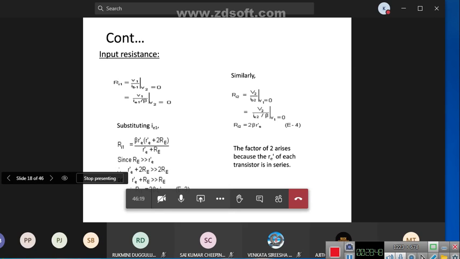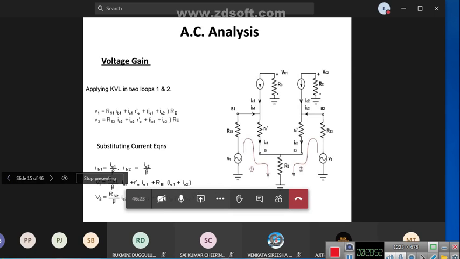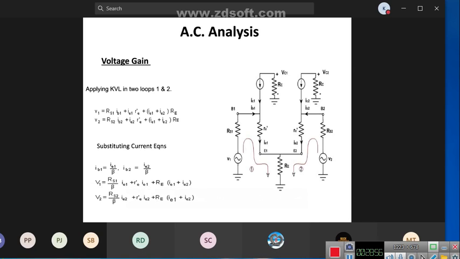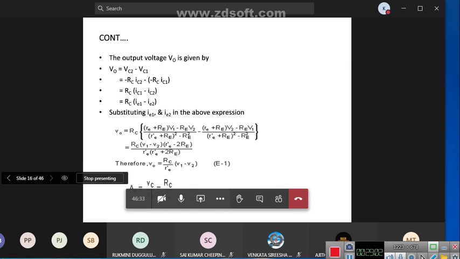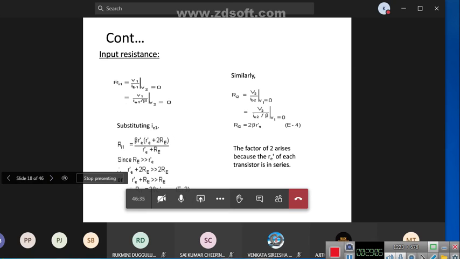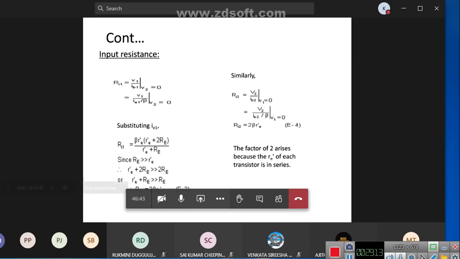See here in the AC analysis, these two RE dash are in series. That's why the input resistance becomes Ri equal to 2 beta RE dash. So RI1 equal to 2 beta RE dash and RI2 equal to 2 beta RE dash.